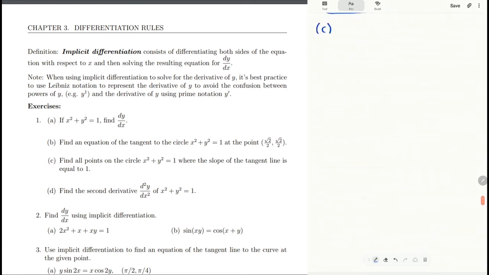So for part C, we want to find all points on the circle where the slope of the tangent line is equal to 1. So now we're given the slope of the tangent line, and what we need is the points on the circle where the tangent line is equal to 1.